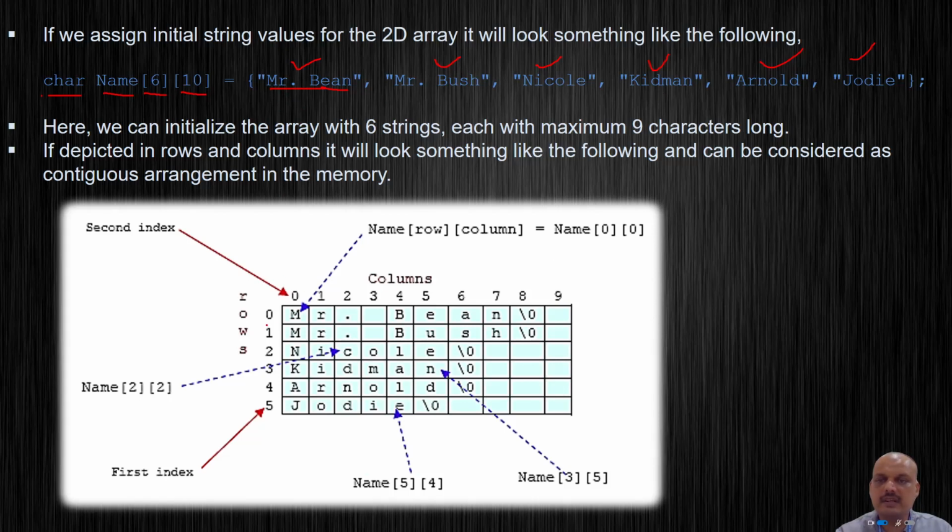The first row is the first name, and how many columns? 1, 2, 3, 4, 5, 6, 7, and the 8th one is a null by default, because you want to treat it as a string. Similarly, the second name will be at row index 2, and the length is 1, 2, 3, 4, 5, 6, 7, again the 8th element is a null character, and so on. We can store a series of strings in a two-dimensional array.